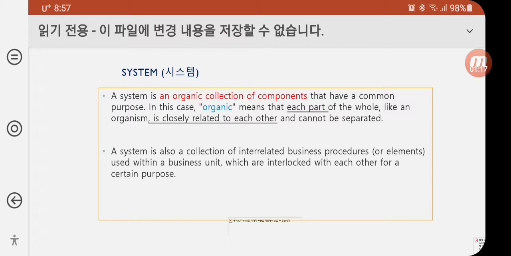A system is also a collection of interrelated business procedures used within a business unit, which are interlocked with each other for a certain purpose. For example, a payroll system records and stores documents, and a stock system records and stores information from suppliers. The two systems will be separate from each other.